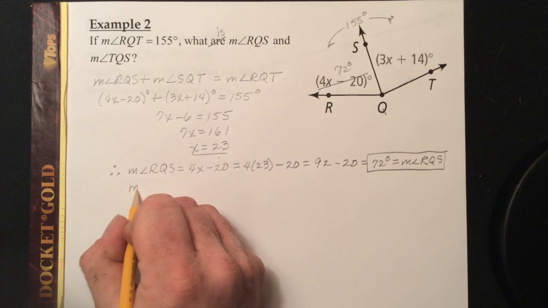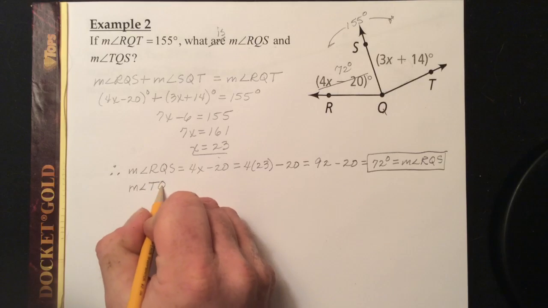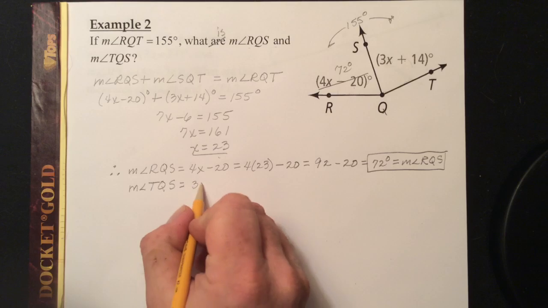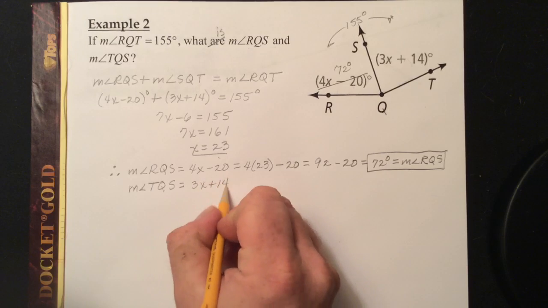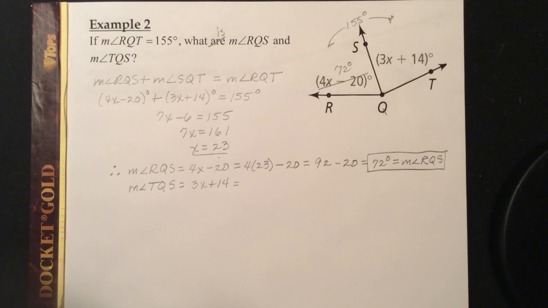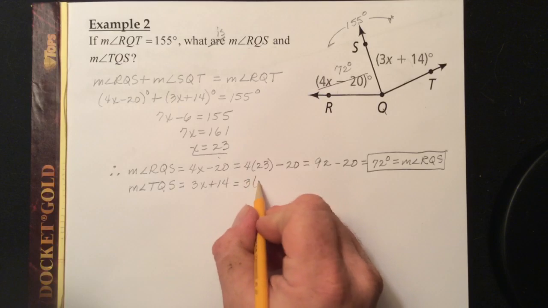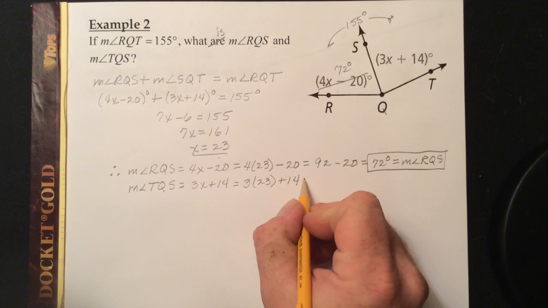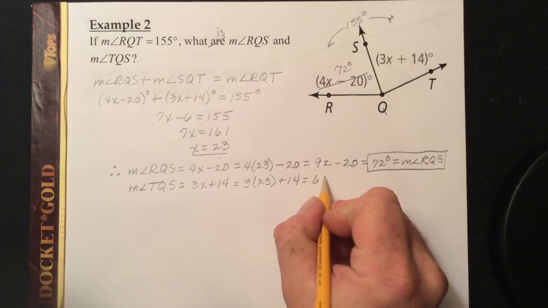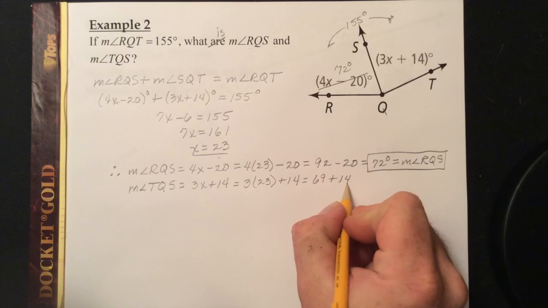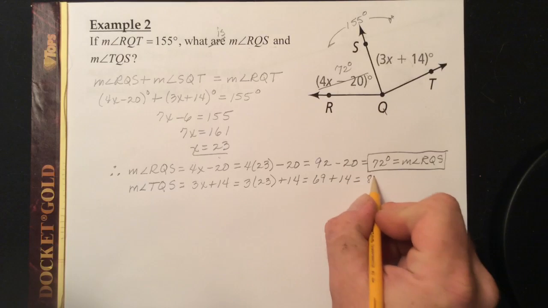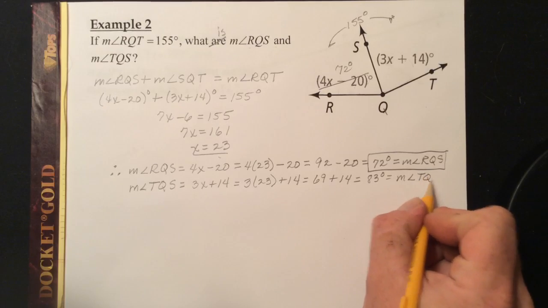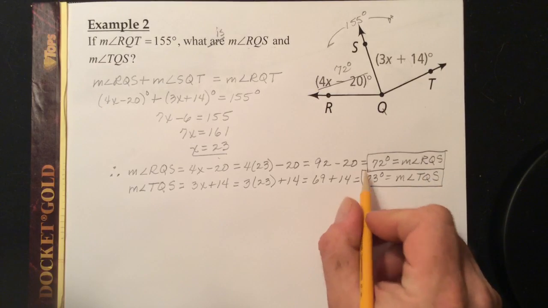And then the measure of angle TQS, the other angle they asked for, was 3x plus 14 degrees. Substituting in the value for x, we get 3 times 23 plus 14, which equals 69 plus 14, which equals 83 degrees. So the measure of angle TQS is 83 degrees.